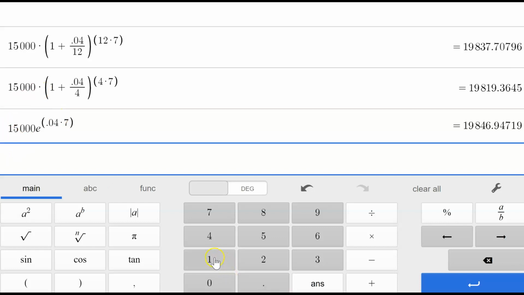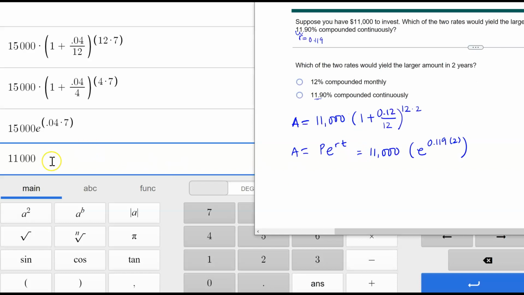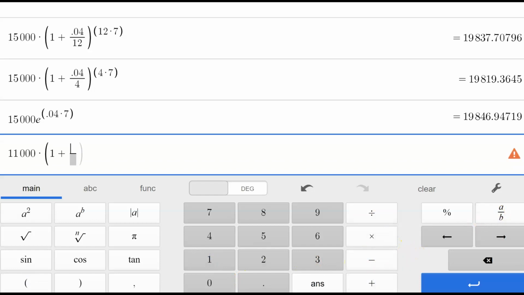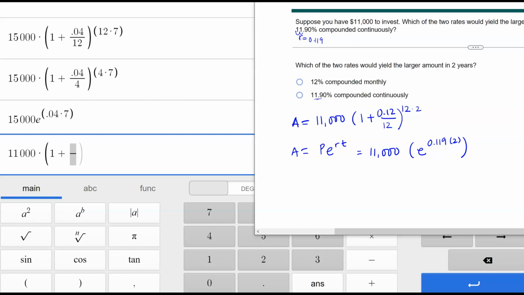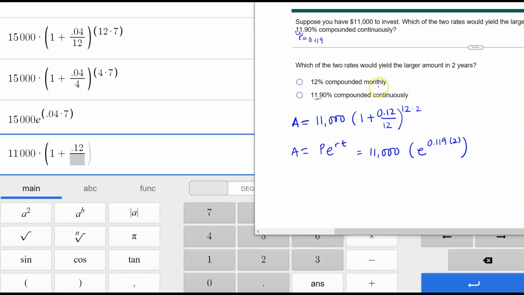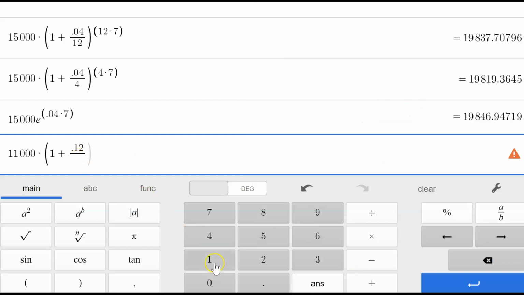So we have 11,000, that's our principal, times 1 plus the rate, 12%, so that's 0.12, divided by our N. It is compounded monthly, so N is also 12, and then raised to N, which is a power.